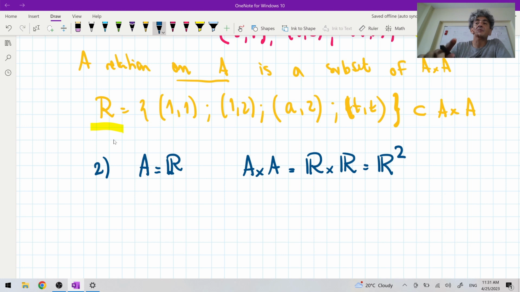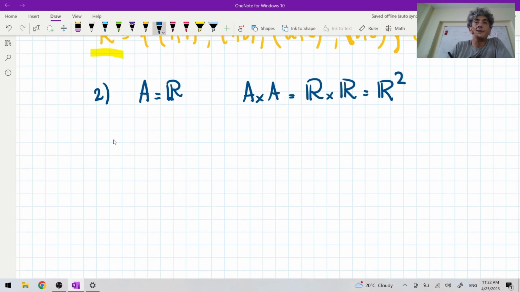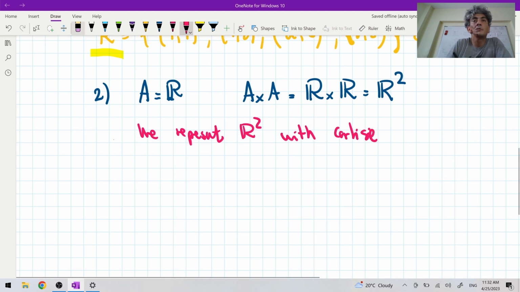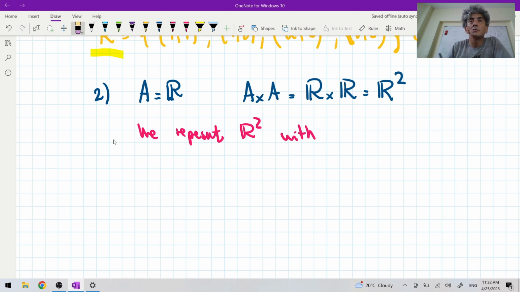In this case, the folklore is that we represent R squared with Cartesian axes.